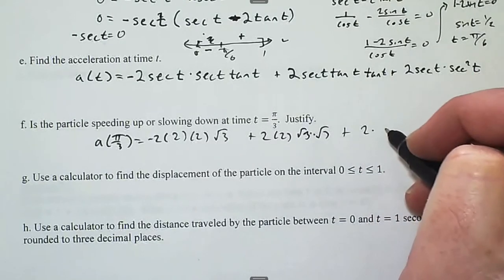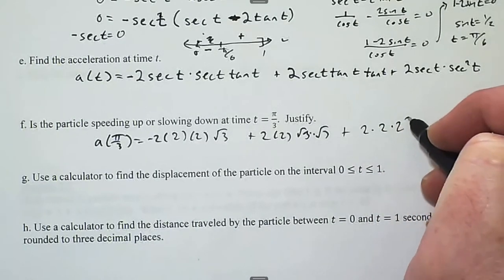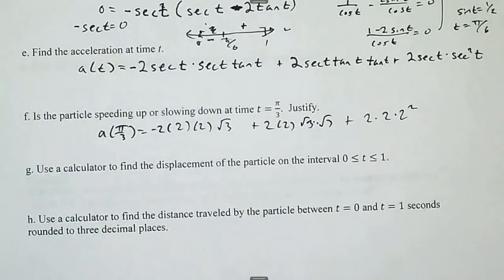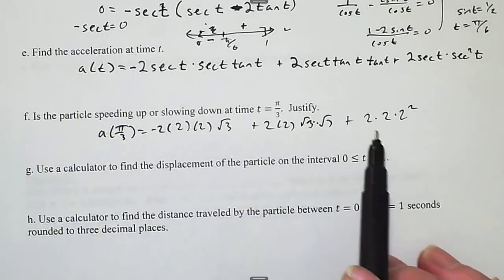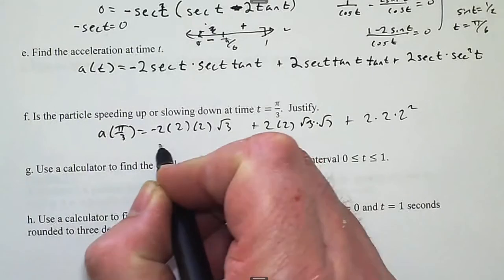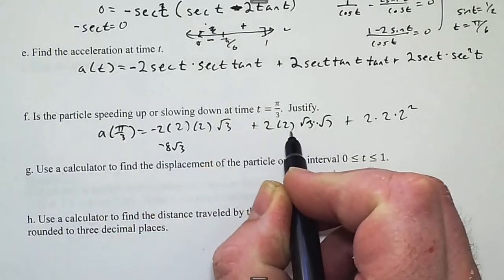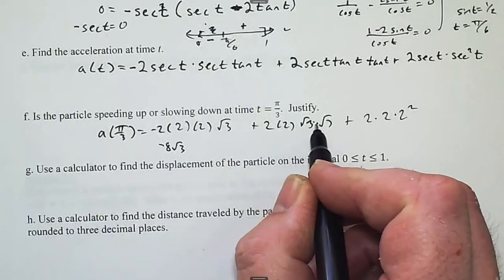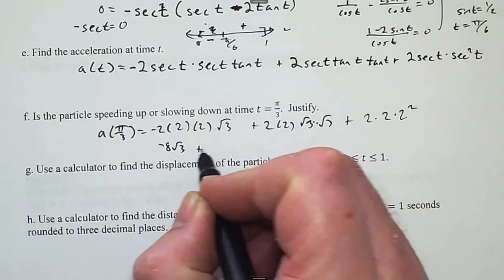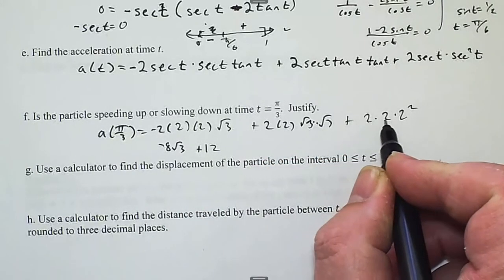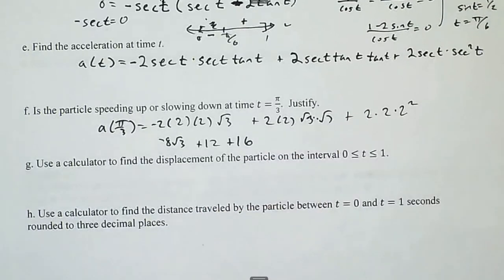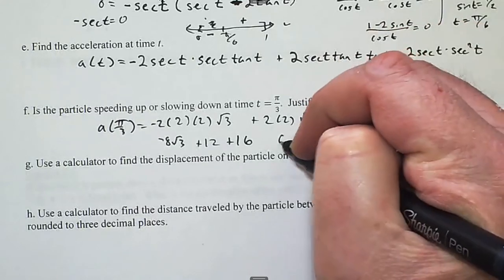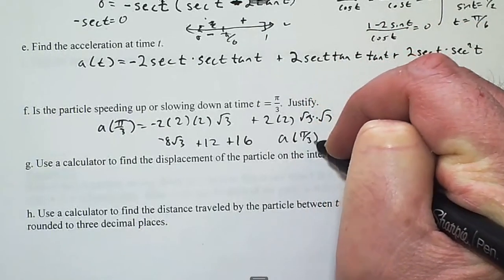The secant of pi over 3 is 2, times 2 squared. So all we got to do is figure out the sign on that, and I think it's fairly obvious that this is going to be a positive number. So this is a negative 8 root 3. This is 2 times 2 times 3, so that's 4 times 3 is 12. And then that's 2 times 2 is 4, times 4 is 16. So definitely a positive number. So a of pi over 3 is positive.